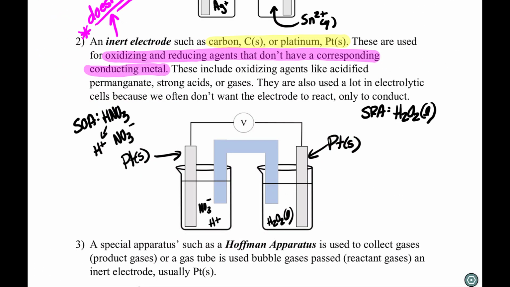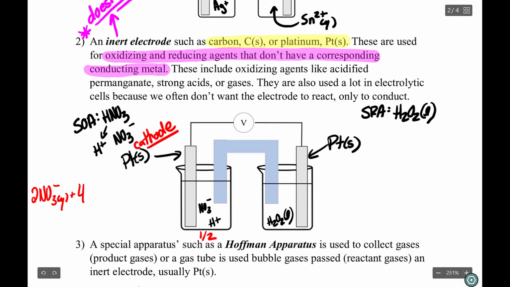So to help you deeper understand what we just talked about, we are going to write our half reactions on our notes here. So over on the cathode side, because this would be the cathode, because it contains the strongest oxidizing agent in this half cell, the half reaction would be 2NO3 minus plus 4 hydrogen ions plus 2 electrons makes N2O4 gas plus 2H2O liquid.